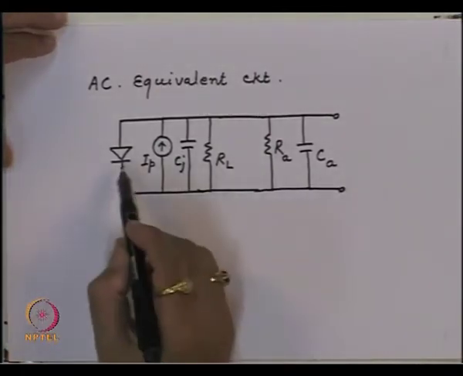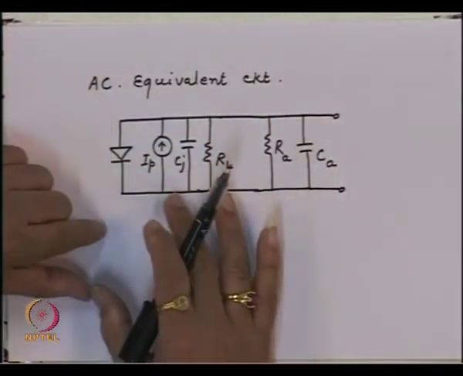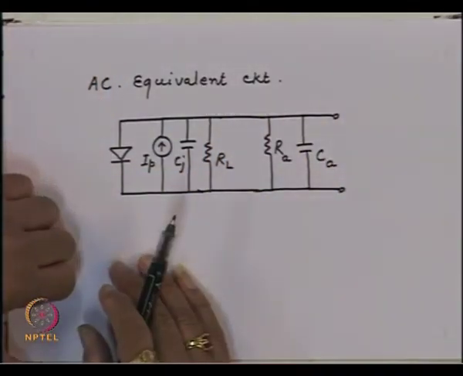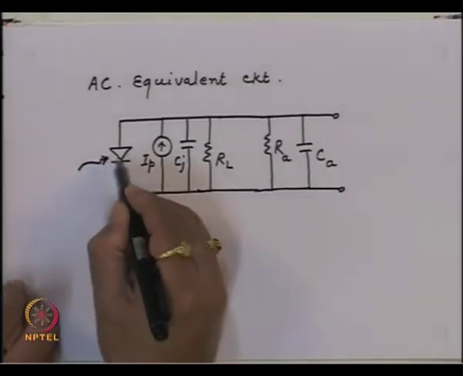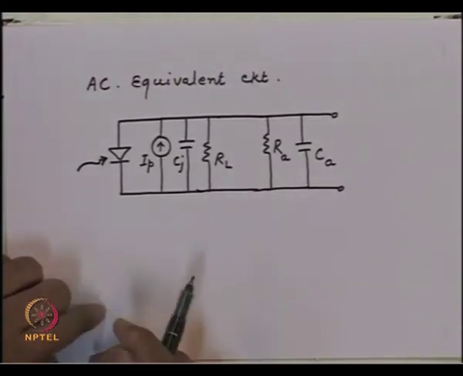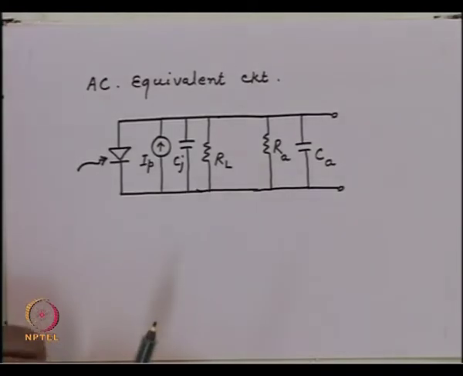So now we have a combination of these resistances and capacitances. When the photon is incident on this junction, this circuit now has a finite time constant because of the resistance and capacitances.